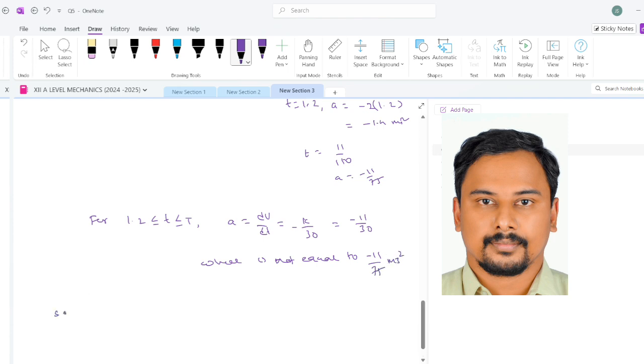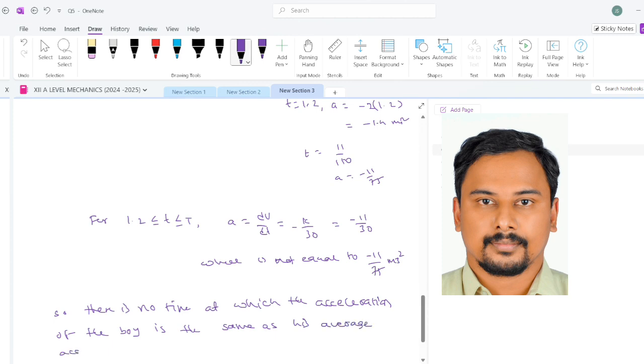That means there is no time at which the acceleration of the boy is the same as his average acceleration. Okay, is that clear?